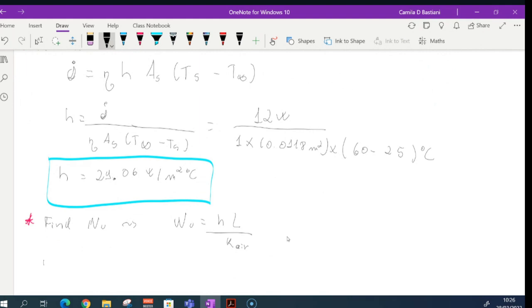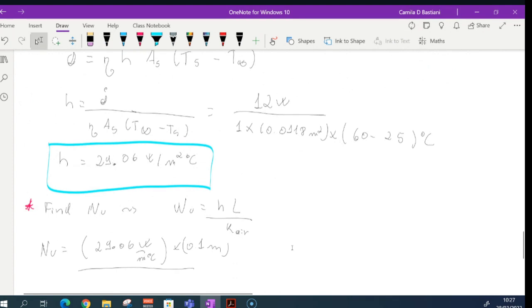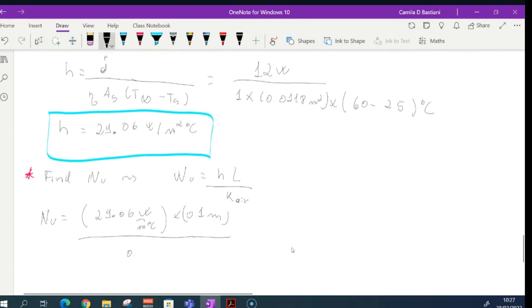So my Nusselt number is going to be my h of convection, 29.06, multiplied by 0.1 meters, that's the total length of the plate of my fin, divided by 0.02681 watts per meter degrees Celsius. Okay, watts cancel watts, meters degrees Celsius. So my Nusselt number is going to be 108.4.